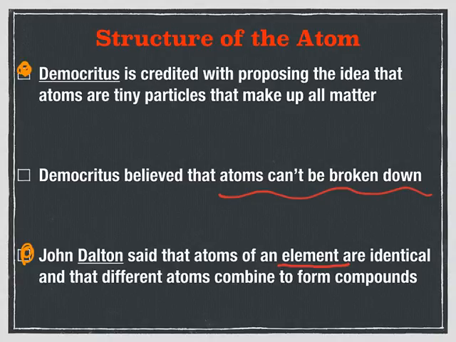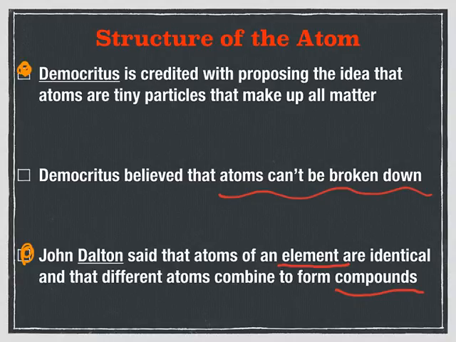The second one, he said that different atoms combine to form compounds. So again, we have to think back to before break. We said that compounds are also considered pure substances. The difference between a compound and an element, a compound is when we have at least two different types of elements that have chemically bonded together.